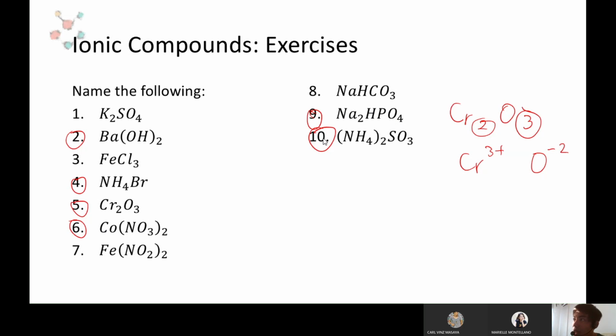And number 10, the cation is ammonium. And yung anion ay SO3. This is one oxygen less than the common. So, ang name na yan ay sulfite. So, overall, the name is ammonium sulfite. And so, tama naman kayo, no?